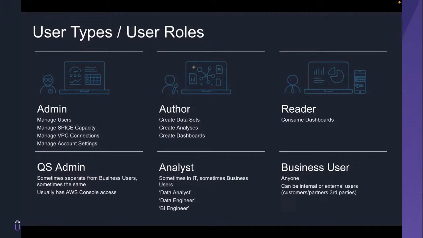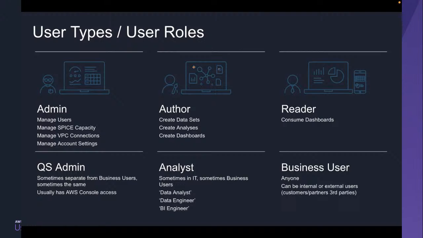The important part why I want to cover this point is the cost. Most people won't apply administrator because you can do anything, right? Even deleting your Quicksight account. But the important part is you have to clearly define the responsibilities between author and reader, not only in terms of the permission, but even from a cost perspective. The cost per user for reader type is less compared to author.